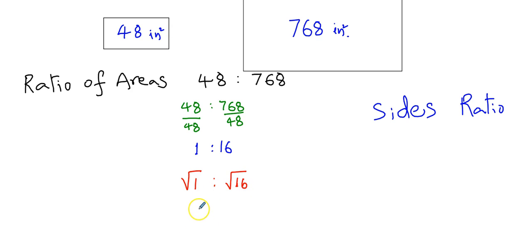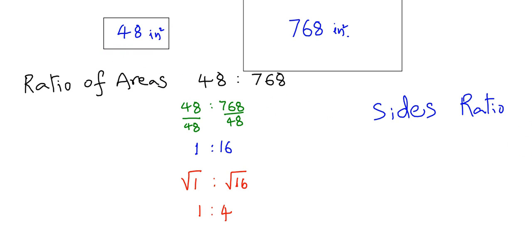So square root of 1 is 1 and the square root of 16 is 4. So this is telling me that the measure of the first side of the first rectangle is one fourth of the measure of the second side.